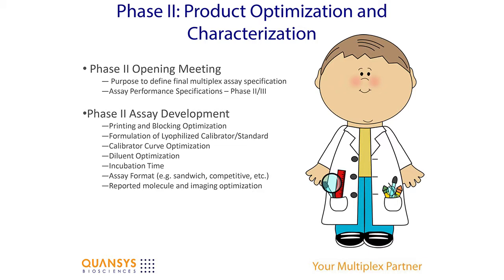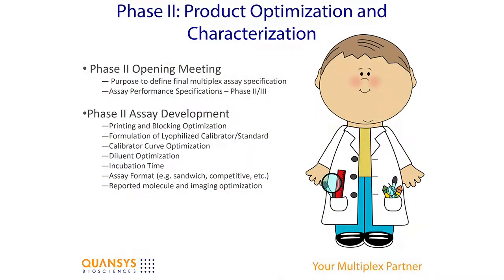We will optimize our curve, again, to make sure that we maximize that diagnostic range that is relevant to the customer. Diluent optimization is critical, and you'll see here in the results, diluent optimization plays a significant part in recovery and linearity. These things are critical to characterizing the functionality of your assay. We look at incubation times, assay formats.